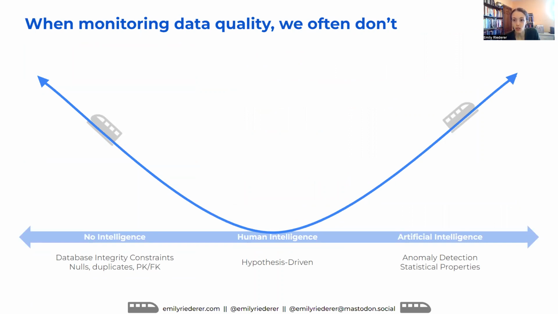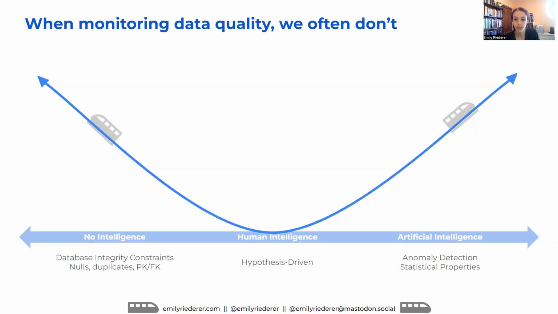I often see teams in this space end up on two ends of a broad spectrum. There's the intelligence-free world, where we're applying very rote summary statistics and EDA, maybe doing nulls and duplicate counts, but doing it a little bit mindlessly. Or on the other end of the spectrum, there are a lot of very fancy, very elaborate artificial intelligence methods now being shipped in modern tools that do things like anomaly detection as a way to detect data quality.